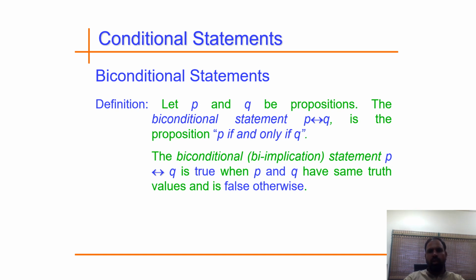Please take note of this statement. When P and Q both have the same truth values, then it is true, otherwise it will be false. So we will focus on both values. If both are true, then it will be true, otherwise it will be false.